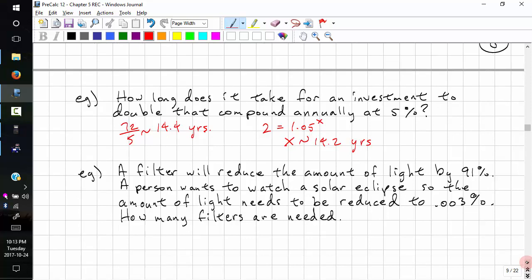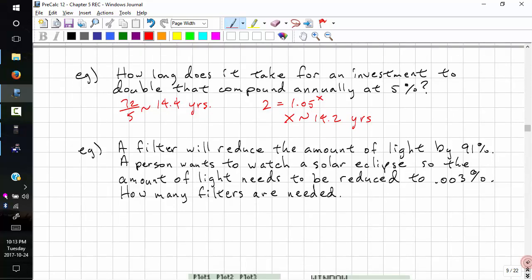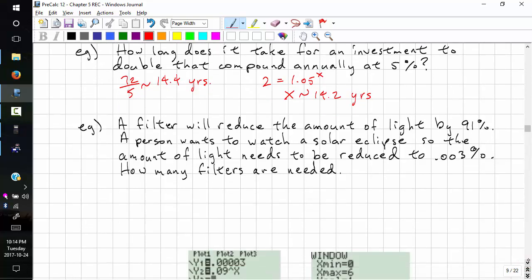Okay, let's look at one last example. And we just recently had an eclipse this summer, so this is a relevant question. A filter will reduce the amount of light by 91%. A person wants to watch the solar eclipse, so the amount of light needs to be reduced to 0.003%.